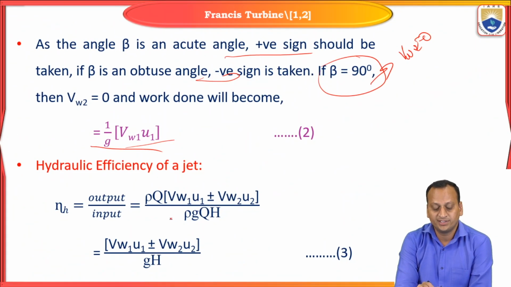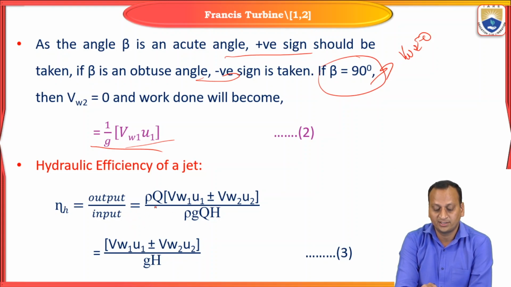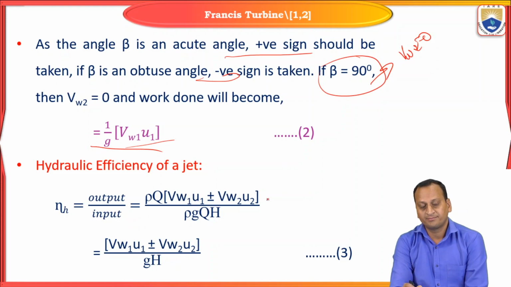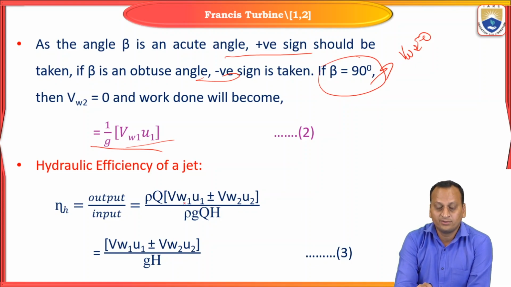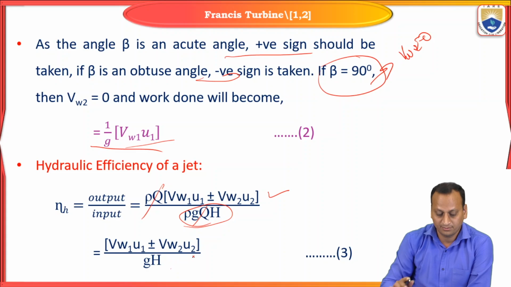Hydraulic efficiency of a jet is the ratio of output to input. The work done by the water on the turbine blade is rho Q Vw1 U1 plus or minus Vw2 U2, which we have seen. But the inlet energy of the water is rho g Q H. Therefore, after cancelling rho Q, we have Vw1 U1 plus or minus Vw2 U2 divided by gH.